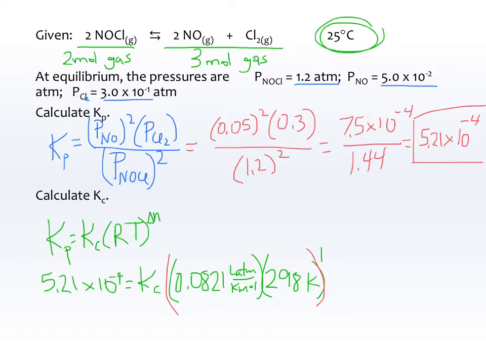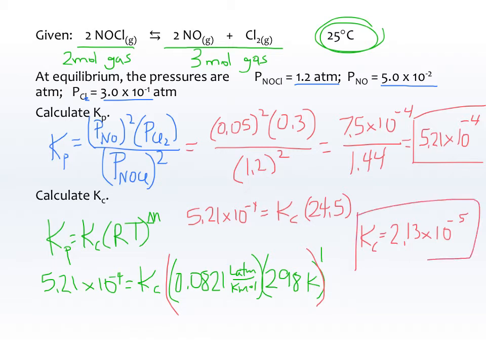So simplifying, I end up with 5.21 times 10 to the negative 4 equals Kc times 24.5. Now I'm going to divide both sides by 24.5, and I end up with Kc equal to 2.13 times 10 to the negative 5. So that's the relationship between Kp and Kc.